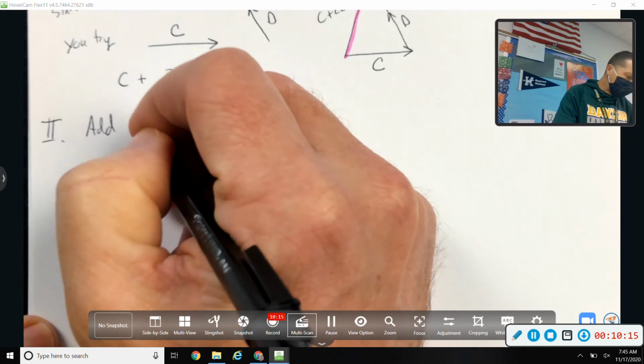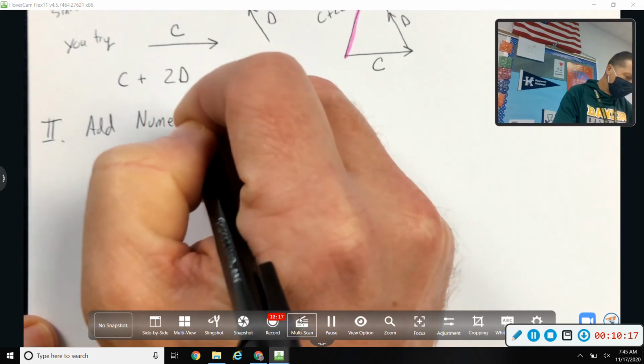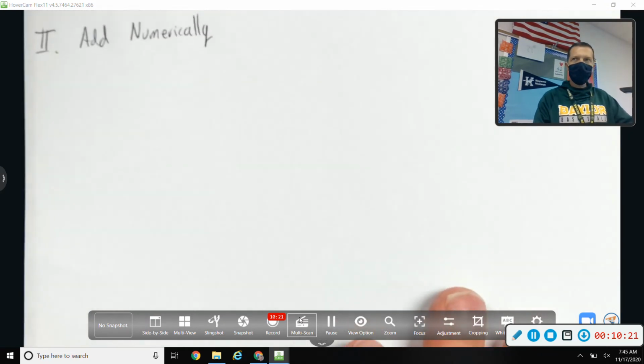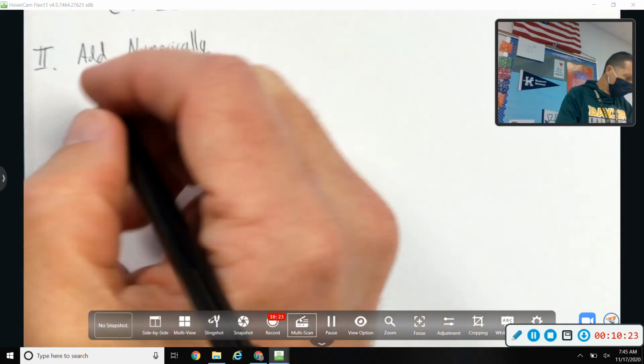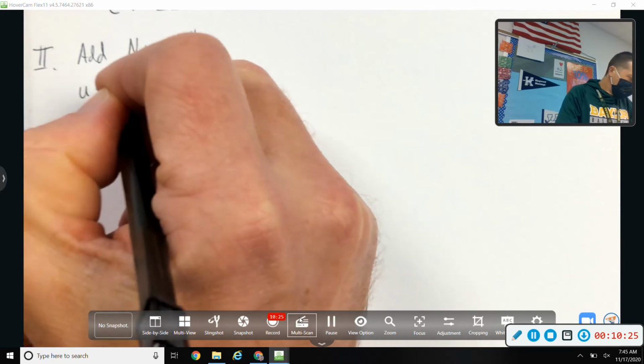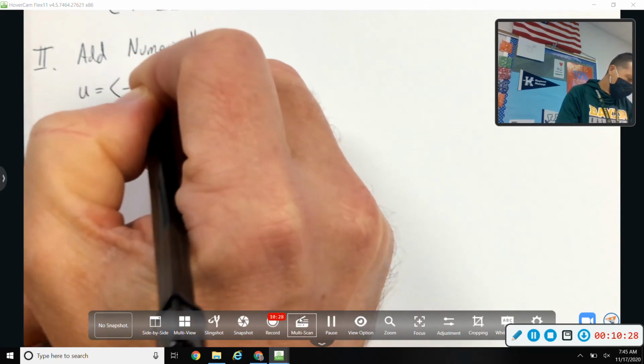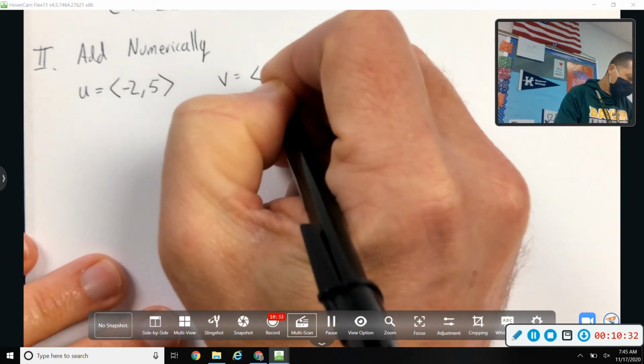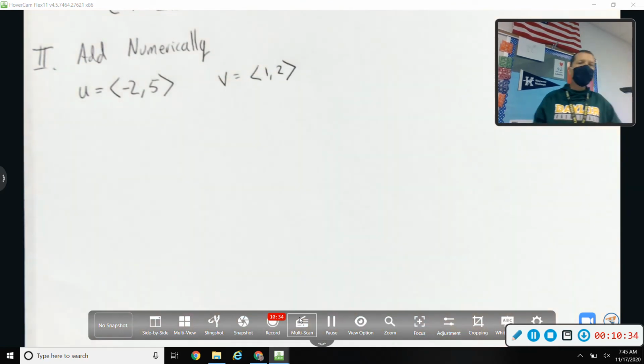Now let's add numerically. All right, vector u. There's maybe new symbols here for you. Vector u is negative 2, 5, and vector v is 1, 2.